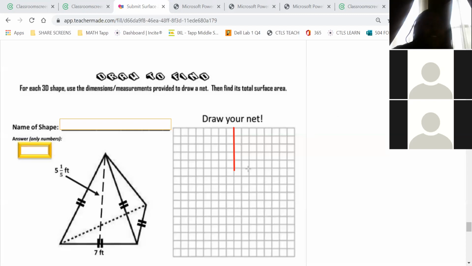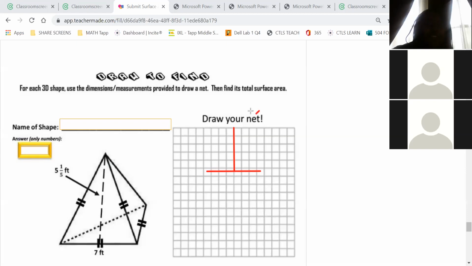So I'm going to try to go ahead and get a line that's about 7 across here. All right.